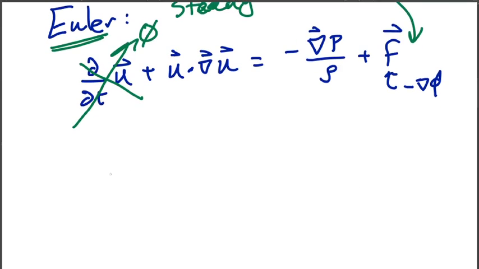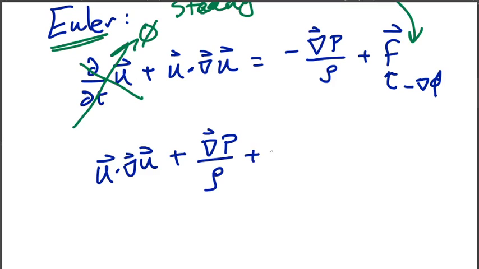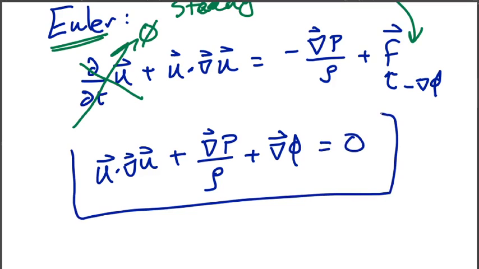Well, we get that u dot grad u plus grad p over rho plus grad phi, because it was minus here and we're bringing it over to the left-hand side, all of this is equal to 0. Okay, so that's a good start.